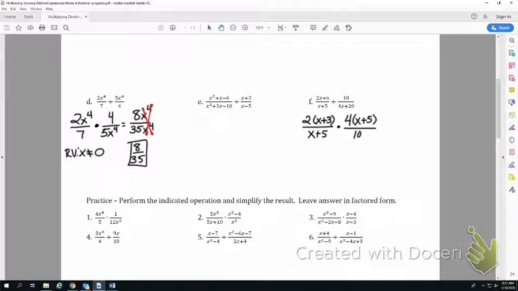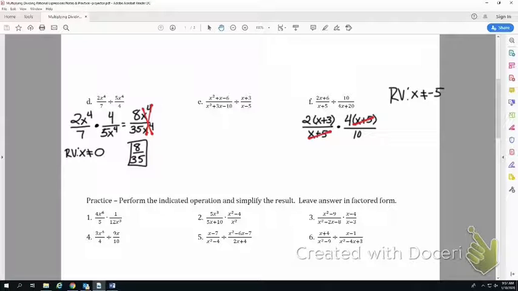Alright, so looking at this, what is my restricted value? Negative 5. Does anything cancel? The x plus 5s. And this next part is why we're doing this together, because this is a little different.